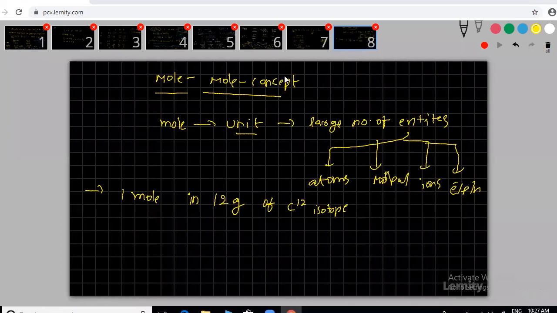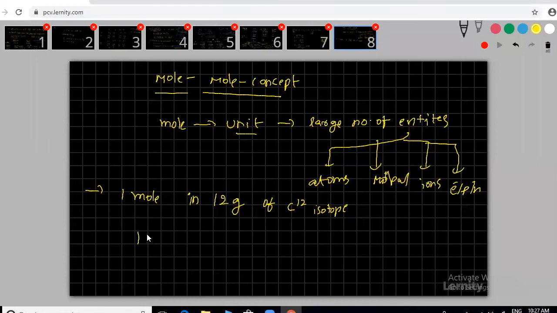Yes, this is only the Avogadro number. One mole is a collection of that many entities as there are atoms exactly in 12 grams of C12 isotope.